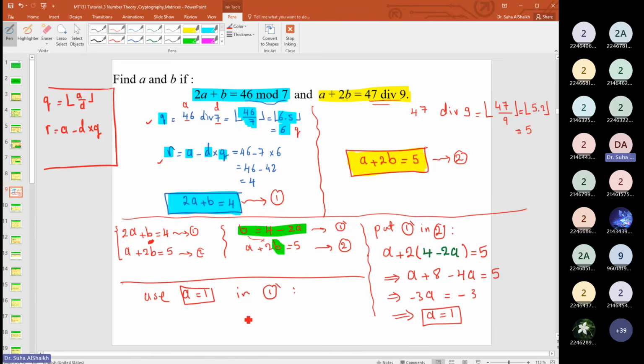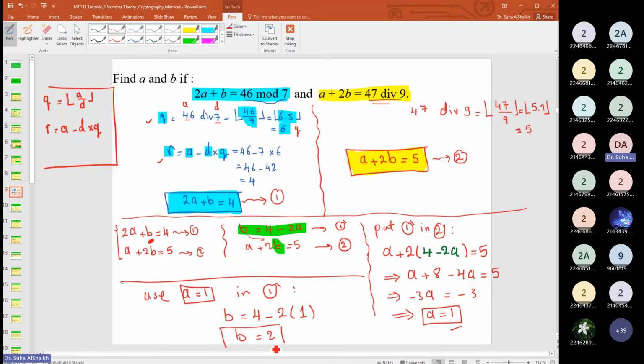This will give you B is equal to 4 minus 2 times A, which is 1, since I got A equal to 1. So this will give me B equal to 4 minus 2, which is equal to 2. And this is the value of B. This is my A and this is my B, and this answers the question that asks for A and B. Okay?